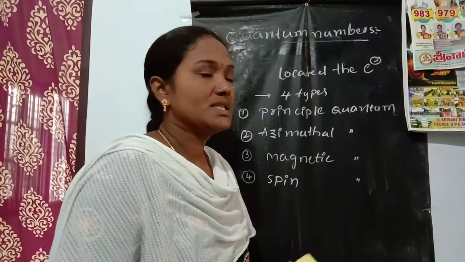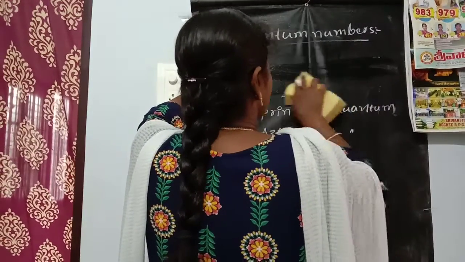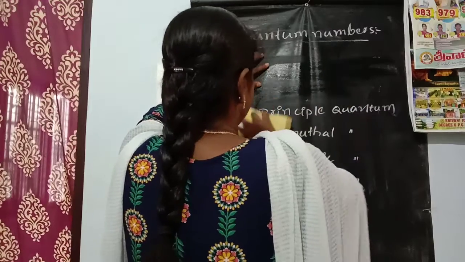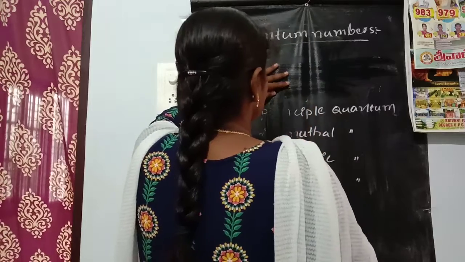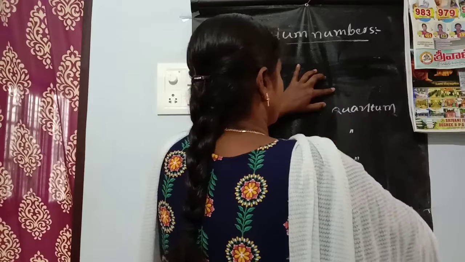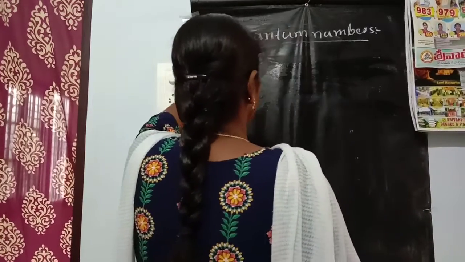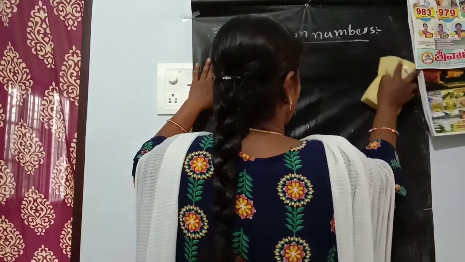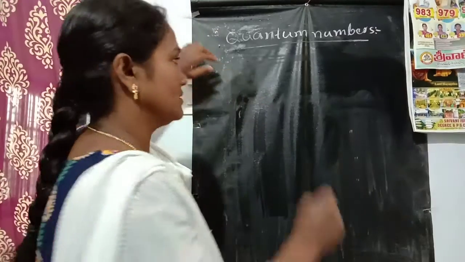So first one, principal quantum number. Quantum numbers locate the position of electrons. They are divided into 4 types.